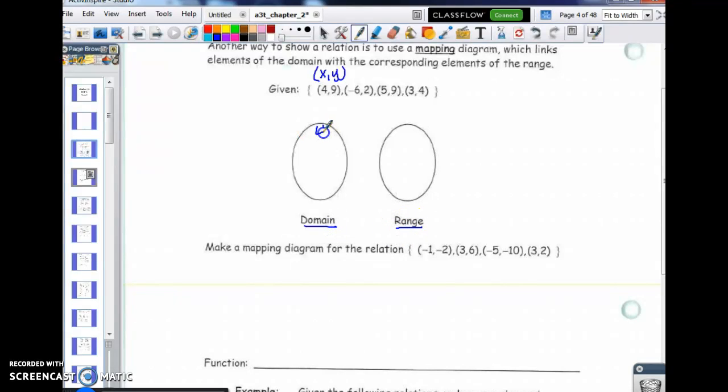So I'm going to put 4 here and 9 here, -6 here, 2 here, 5 here, and I don't have to list 9 because I already have 9 here. And then I have a 4. So now I'm going to map 4, 9. 4 goes to 9. -6 goes to 2. 5 goes to 9.